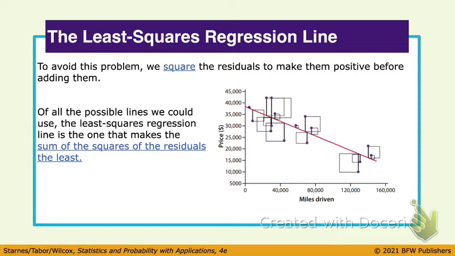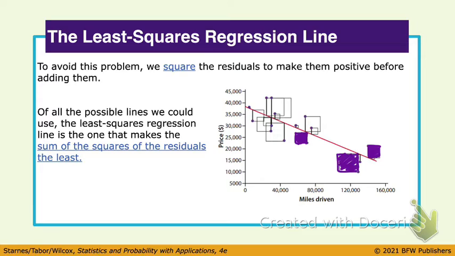Whenever I do that, I'm basically finding an area. If I take this residual and I square it, I'm basically finding the area of that square. And the same for this residual, and this one.